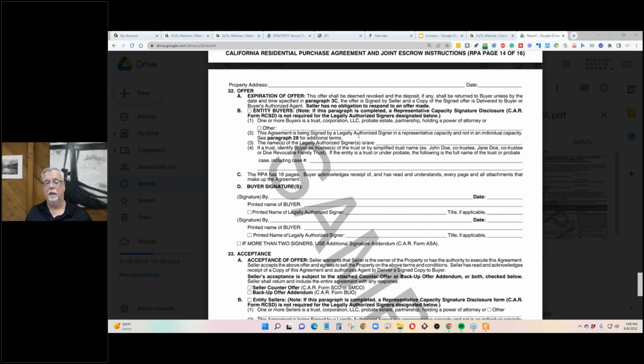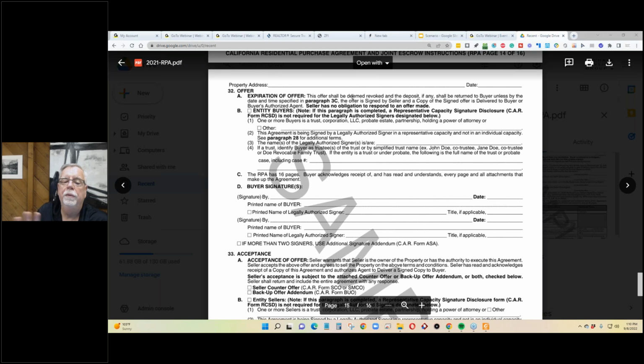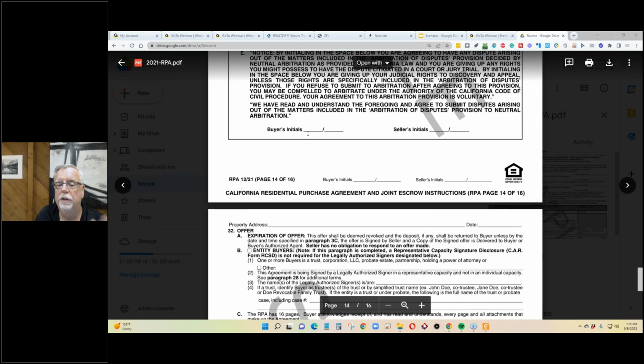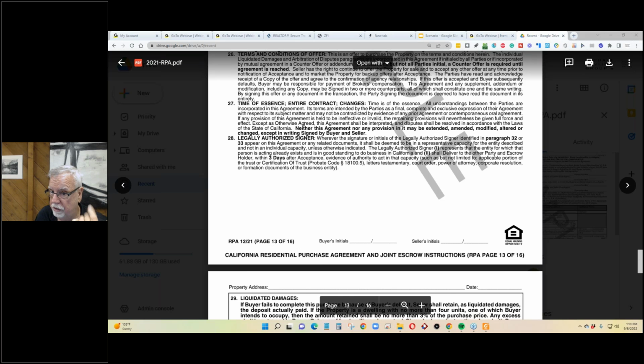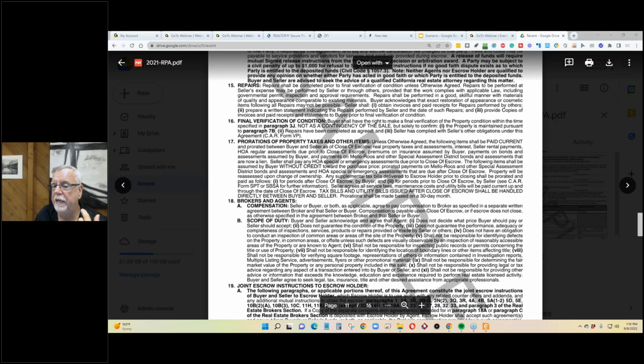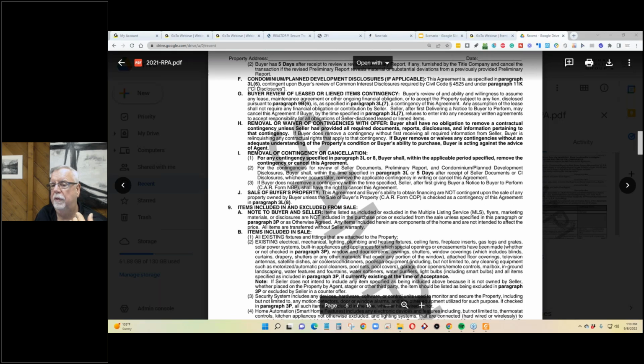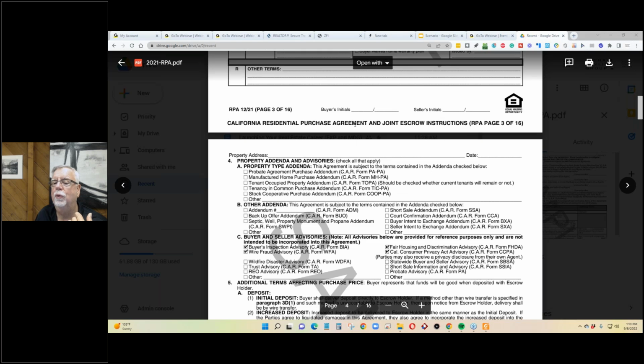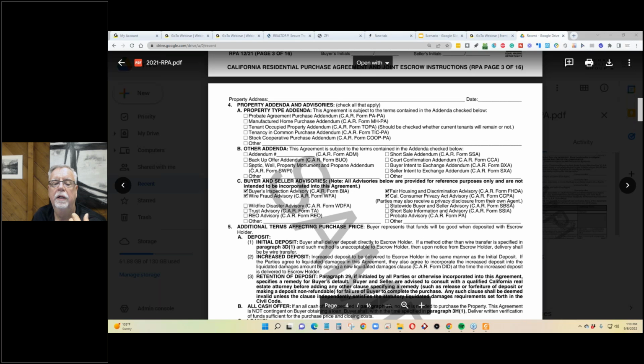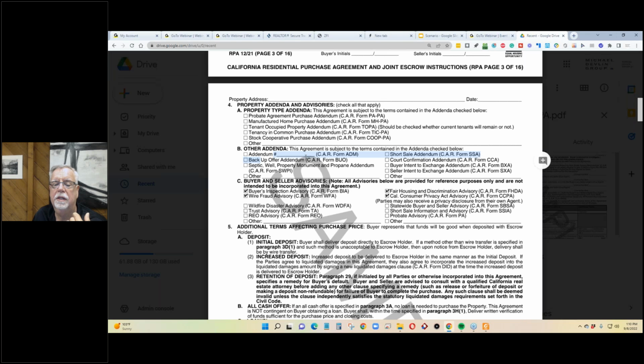And the listing agent says, let me ask, and then they come back and they say yes. So you've already talked to the agent about it. What that would mean is that once you've gone through the grid, sorry to be jumping around so much, once you've gone through the grid, you would simply check this box that says backup offer, right?